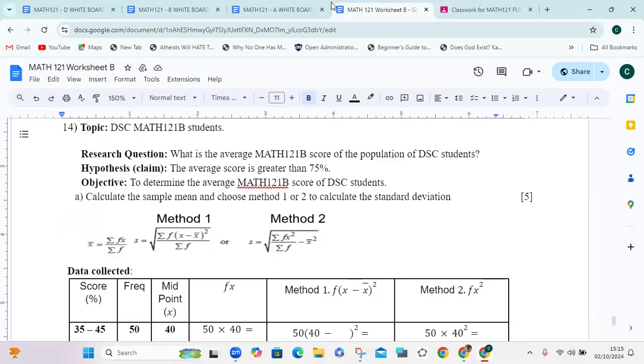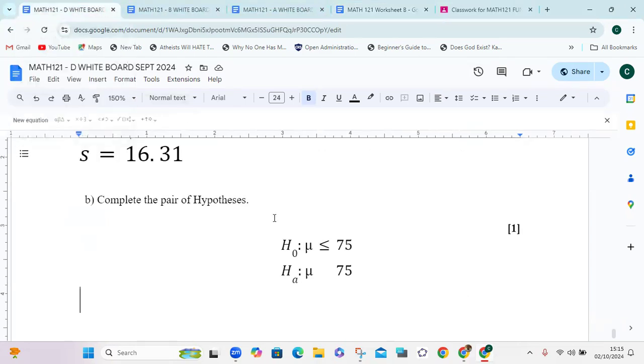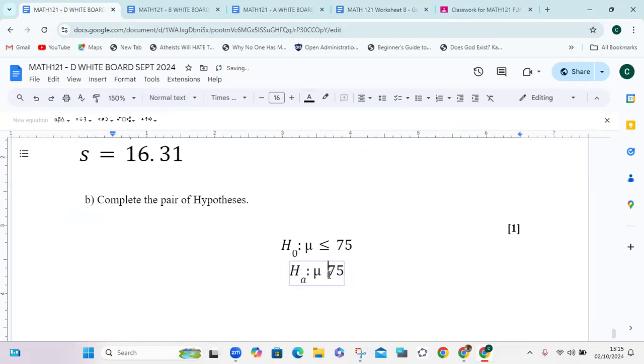The average score is greater than 75%. As you can see, the null was given to us already. The population mean is less than or equal to 75. So clearly, the population mean is greater than 75 would be the alternative, yes?